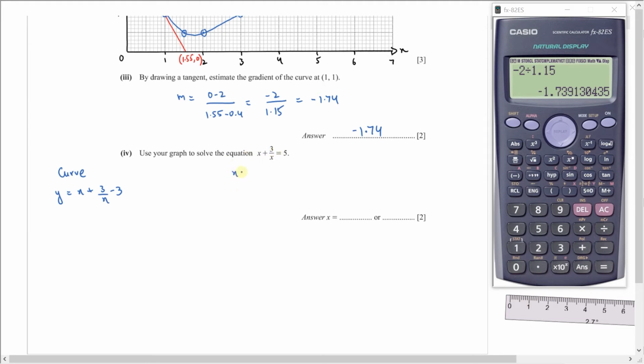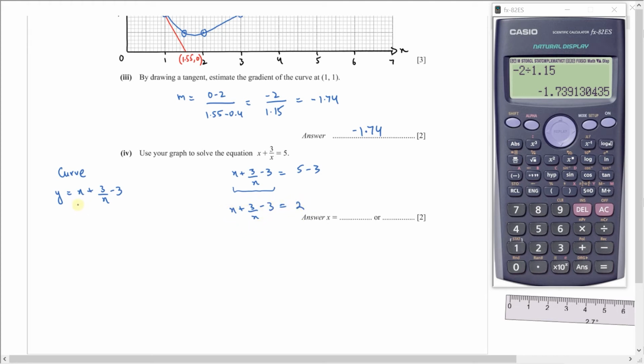So if I subtract 3 on both sides of the equation, I will get x plus 3 over x minus 3 here, and then 5 minus 3 here as well. Now this is the same as the equation of the curve that we have drawn. So x plus 3 over x minus 3 equals 5 minus 3, which is 2. So that means we have to find the x values when this expression equals 2.